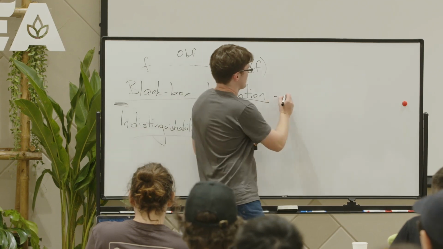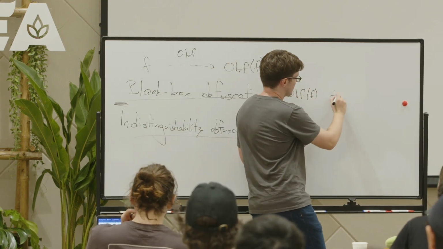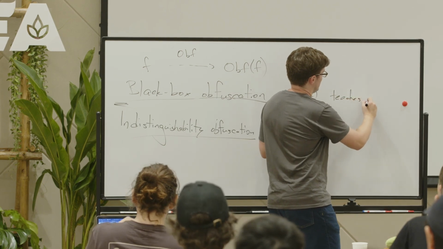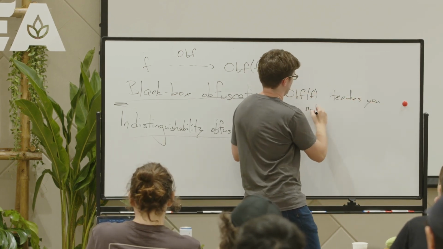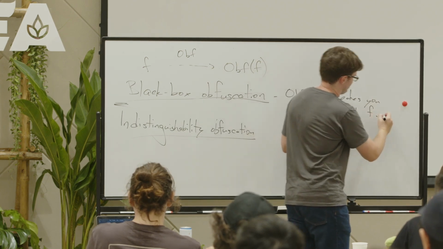So black box obfuscation was: the obfuscated program teaches you nothing about F.